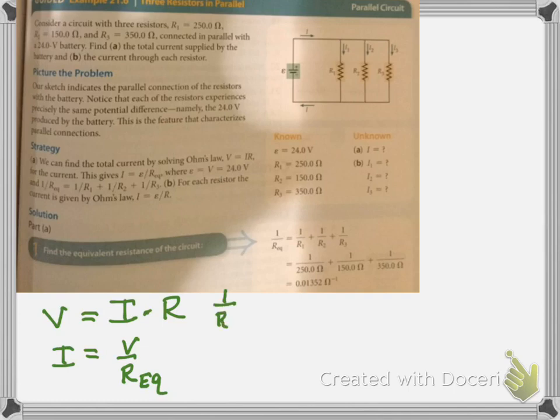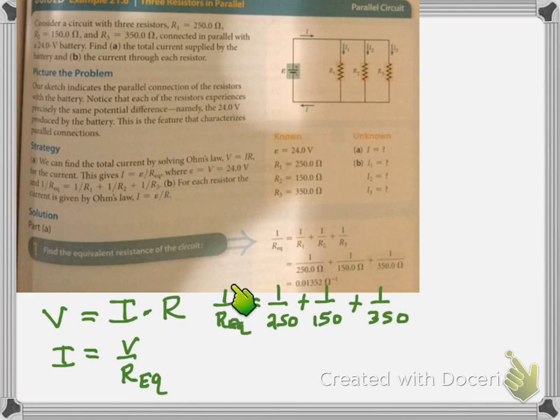So remember, in a parallel circuit, that equivalent resistor is the sum of the reciprocals. 1 over R1, which is 250, plus 1 over R2, which is 150, plus 1 over R3, which is 350. And so now, if you remember, I'm going to need to add these up and then basically do a reciprocal to get this by itself.